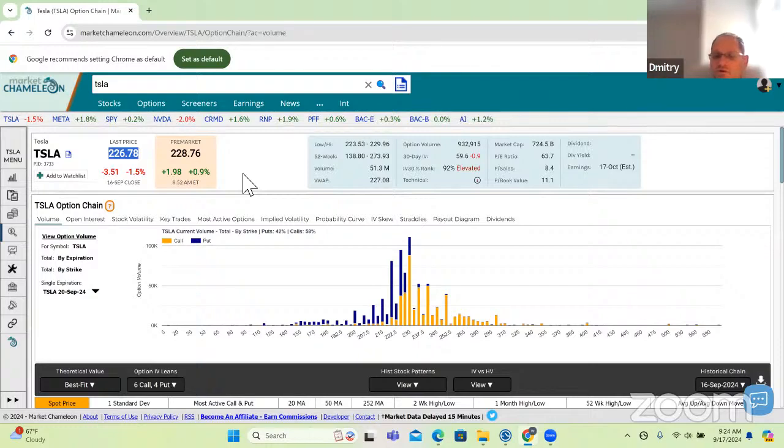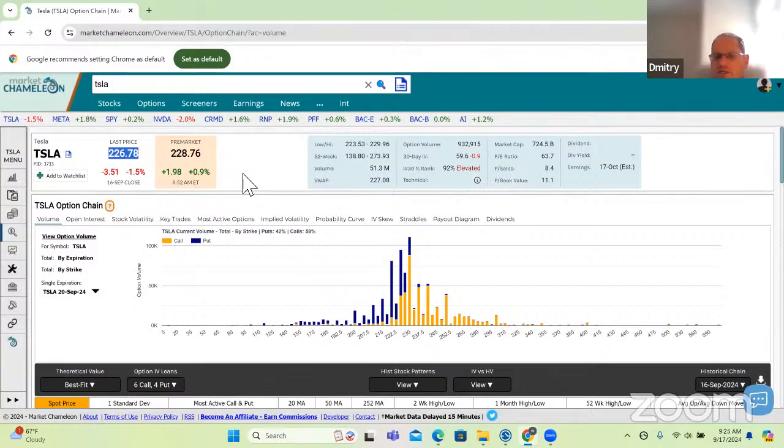And as you go up in strikes, it appears that most of the trading is in the calls, which kind of makes sense. People don't typically trade in the money options that much. And as you go down in strikes, you see volume mostly in the puts.